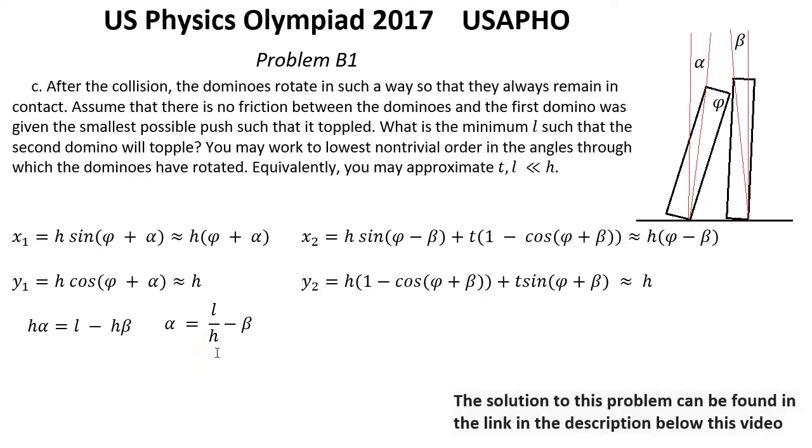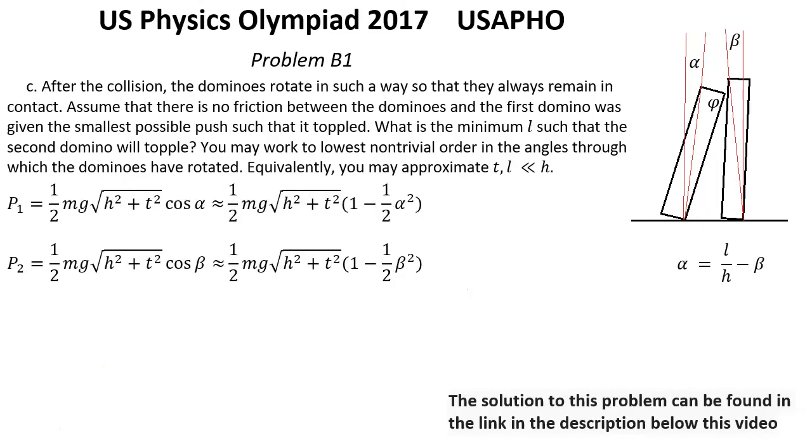The next step is to find the maximum potential energy when these two dominoes slide against each other after collision. The potential energy for the first domino when it rotates by angle alpha from the vertical position is this one, and with approximation to second order, this one. And the same thing for P2, the potential energy for the second domino, compared to the bottom, the floor.